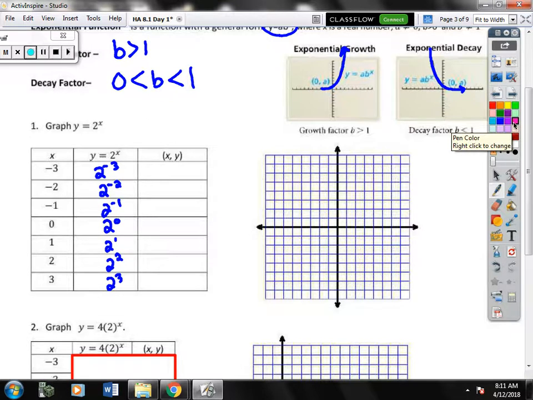What is 2 to the negative third? What do we do with negative exponents? Move it to the denominator. So this would become 1 over 2 to the positive third. 2 to the positive third is 8, so this would be 1/8. So the ordered pair would be -3, 1/8. That's one of my ordered pairs. And then just keep going through. This would be 1 over 2 squared, which would be 1/4.